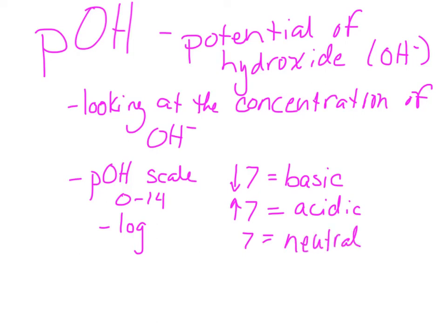So a really low number like a 0 or a 1 or a 2 means that we have a lot of OH minus floating around in that solution. Whereas a higher number like a 12, 13 means that we don't have a lot of OH minus. So we're looking at that opposite again because of this negative.